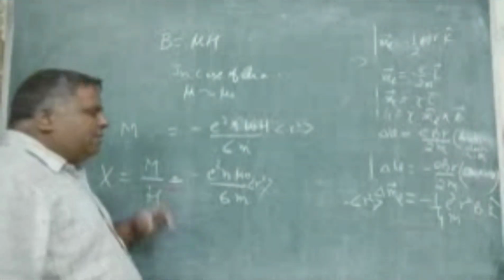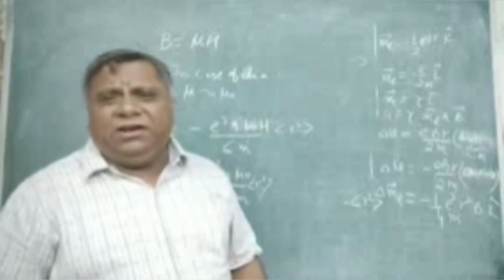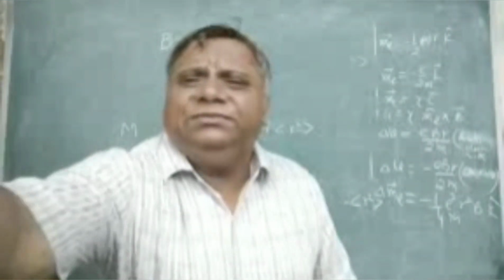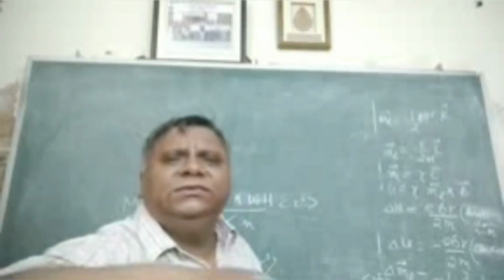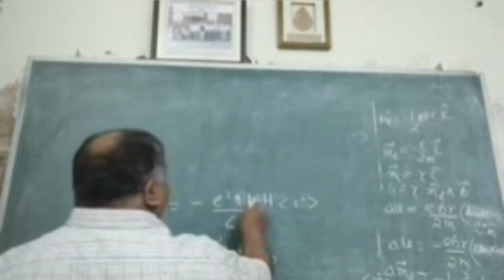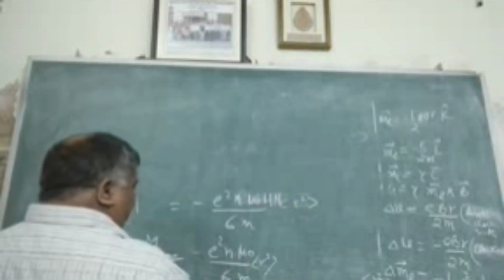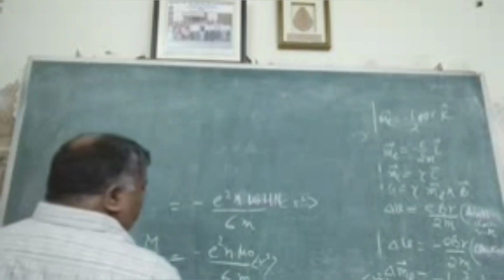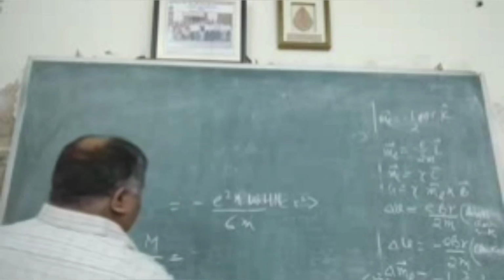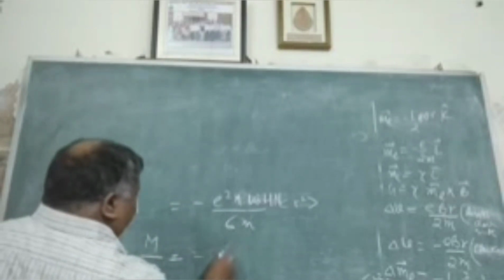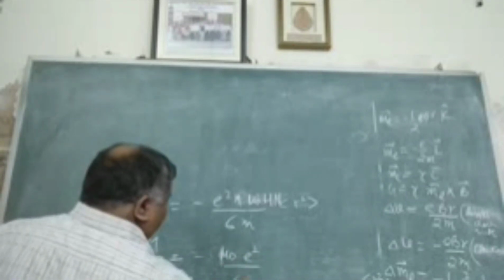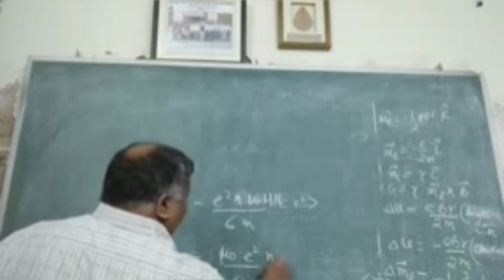This is the final expression which Langevin obtained using the classical approach. Here we have missed n, so let us write n. The final expression then will look like minus mu naught e square Z n R square over 6m.